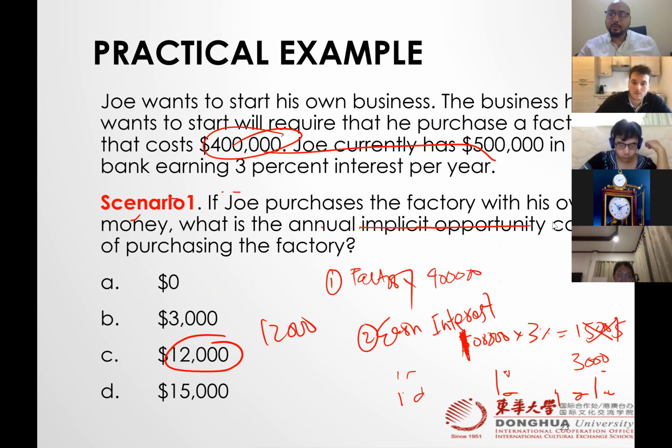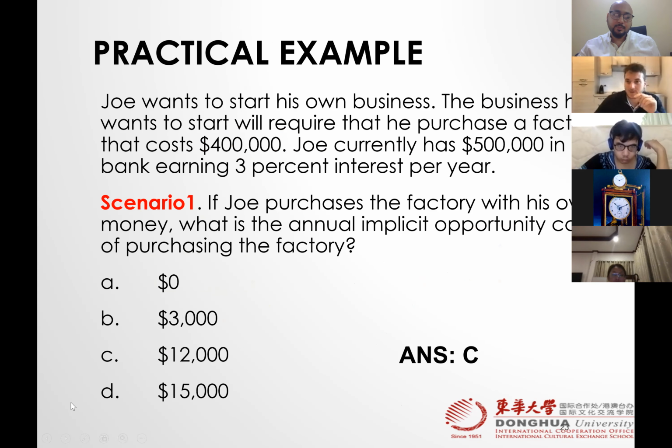Understand? So it is the 3% of the amount that he doesn't have anymore, because he opened the factory. So what are the characteristics of implicit cost?